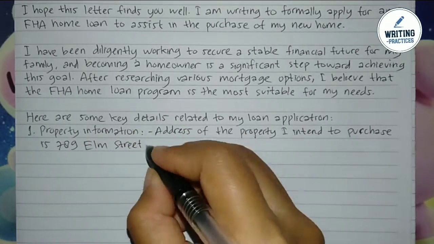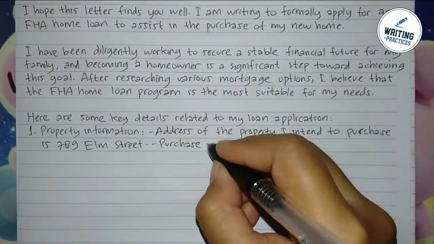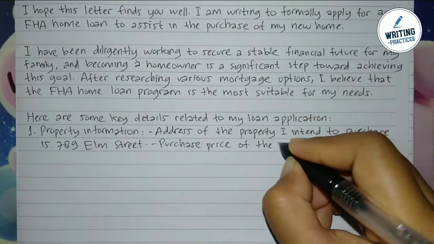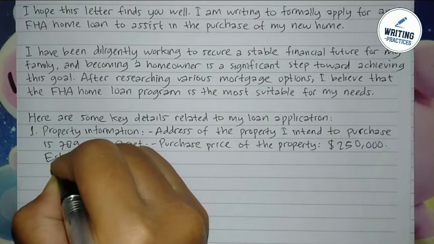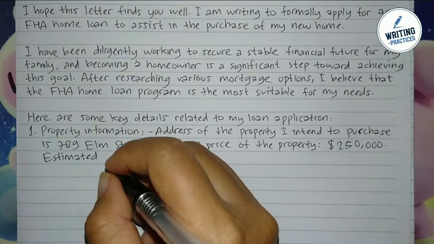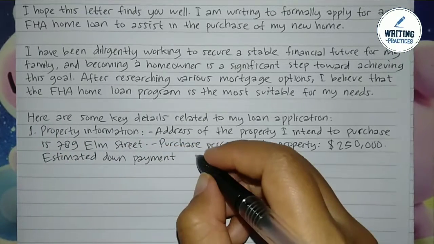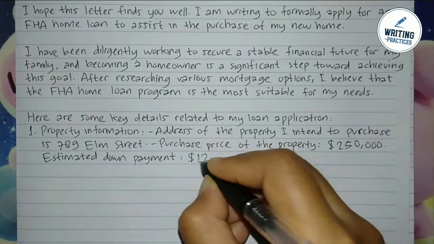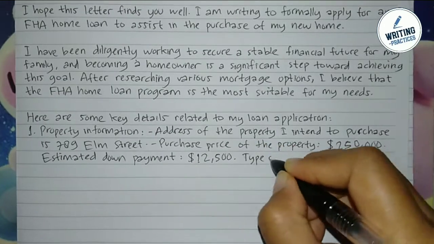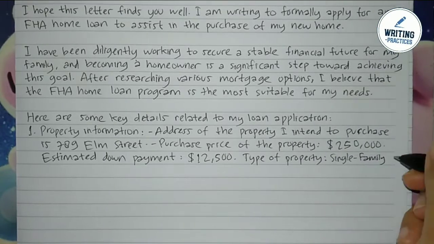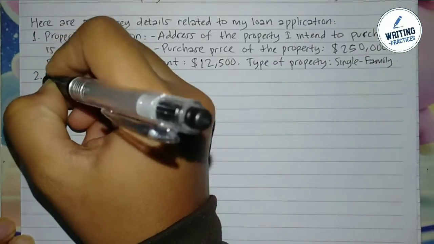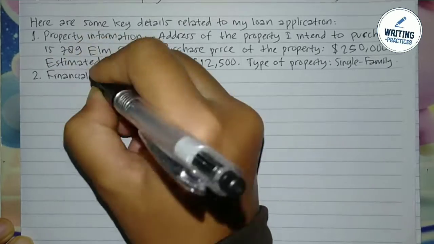Property information. Address of the property I intend to purchase, 789 Elm Street. Purchase price of the property, $250,000. Estimated down payment, $12,500. Type of property, single-family home."